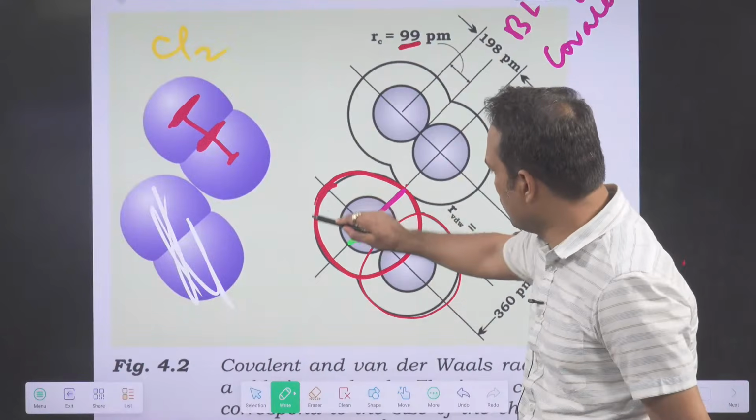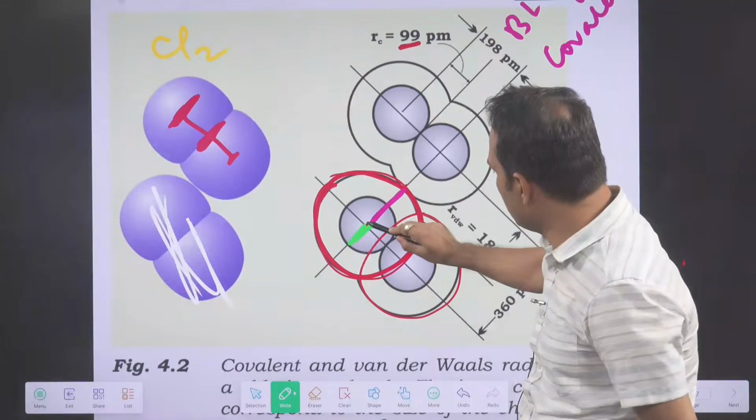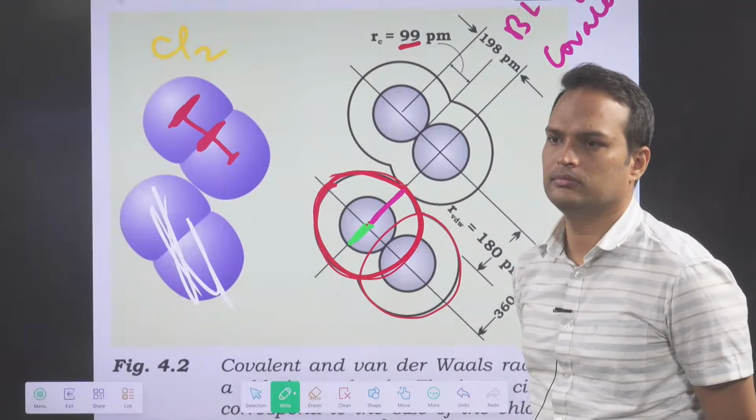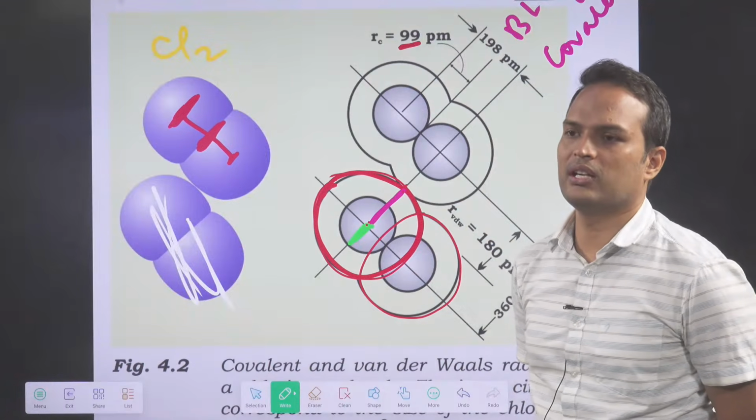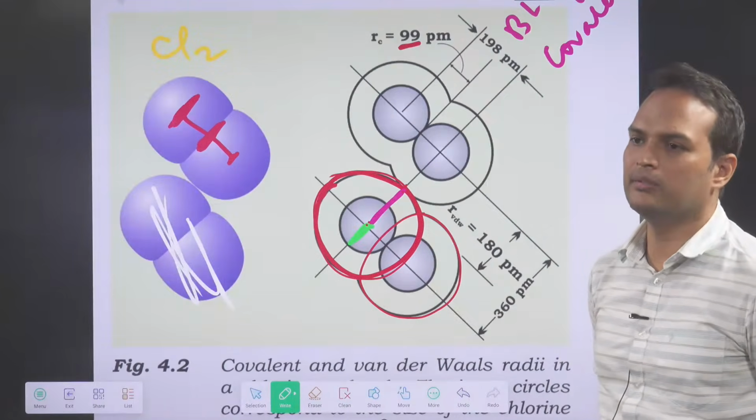Non-bonded form means this is the chlorine atom, so you have measured from here to here, full. From center till valence shell you can say. So this is the difference between covalent radius and this.